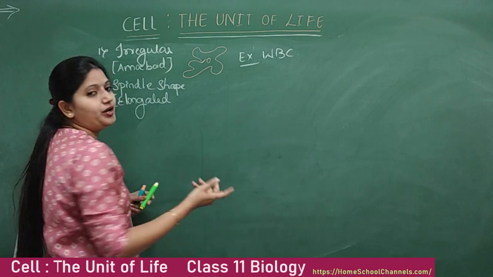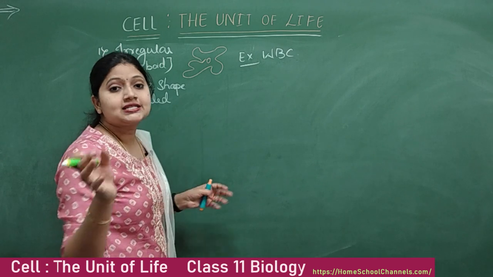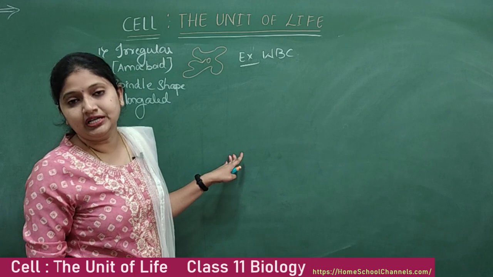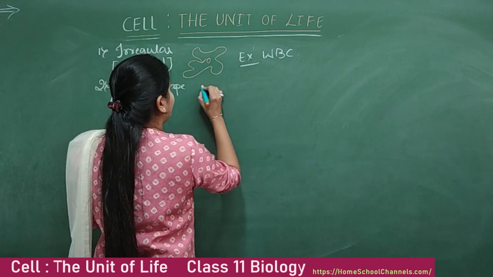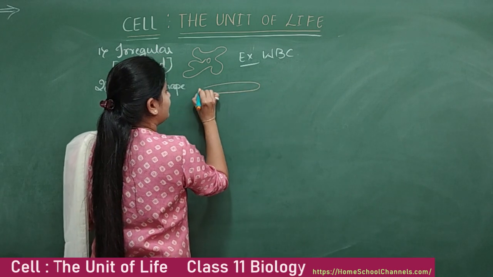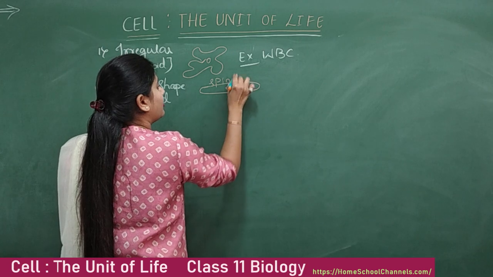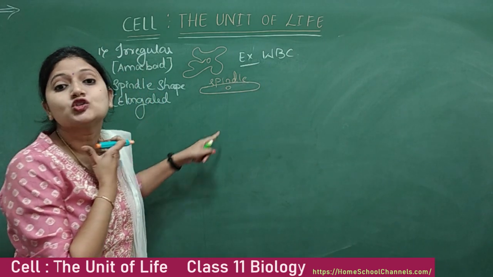If you write it this way, it becomes elongated. So an example for the elongated or spindle shape is the smooth muscle. So if it is written this way, we call it spindle, and an example for this is the smooth muscle.